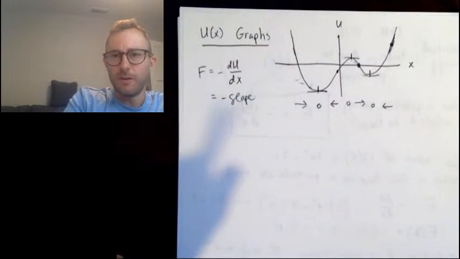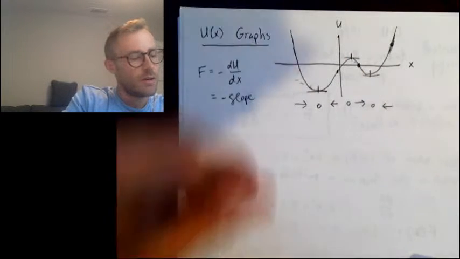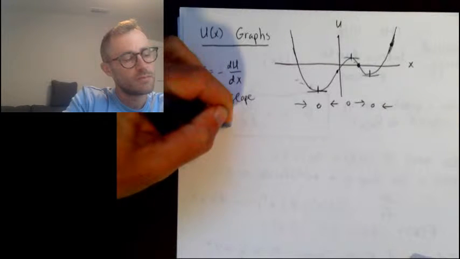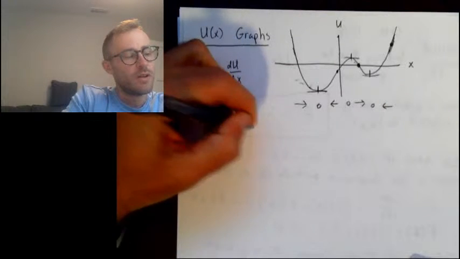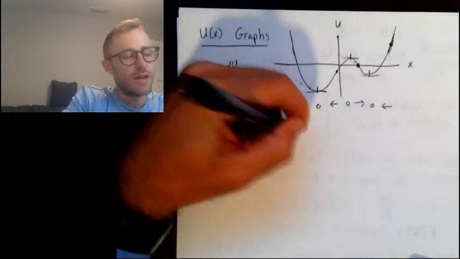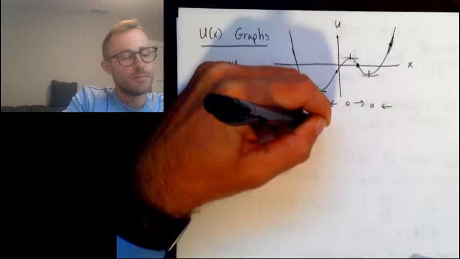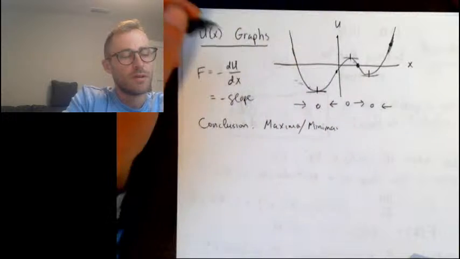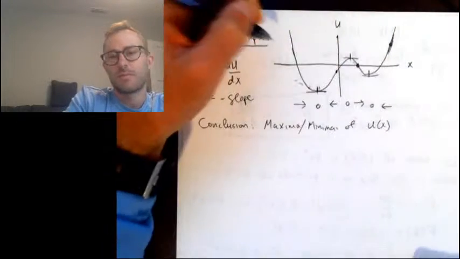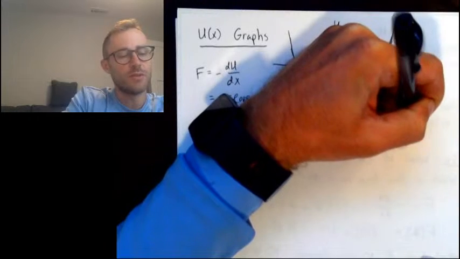So basically, the conclusion is that the maxima and the minima of U of x represent points of equilibrium.